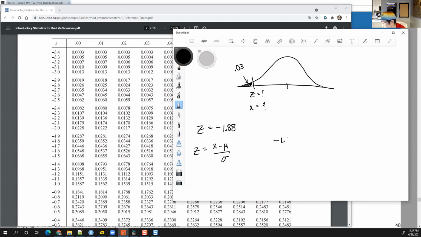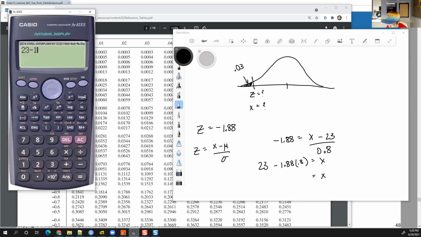So I get negative 1.88 is equal to x minus the mean of 23, over the standard deviation of 0.8. So 23 minus 1.88 times 0.8 is equal to x. What is that? I get 22.8496, so pretty much 22.85.